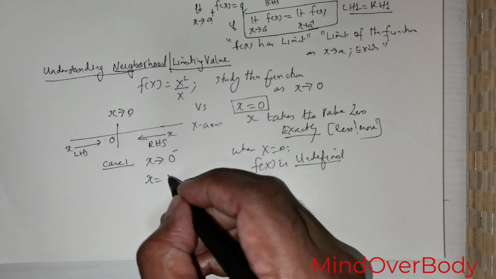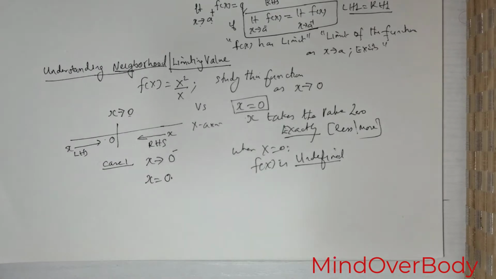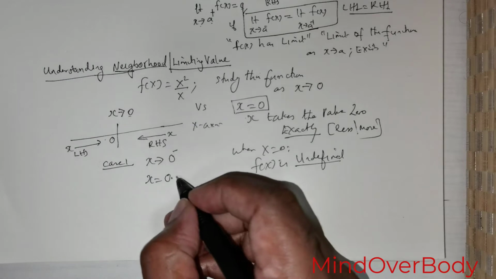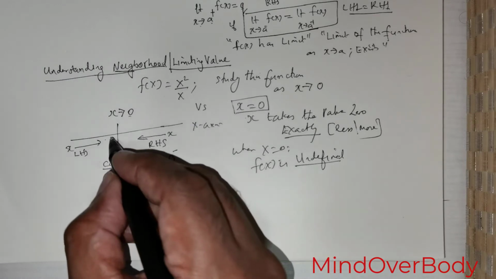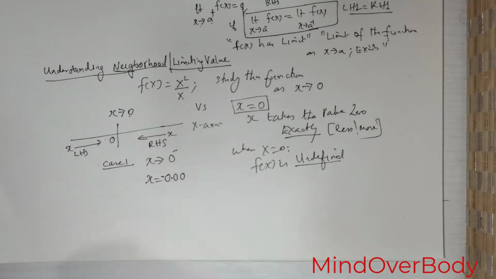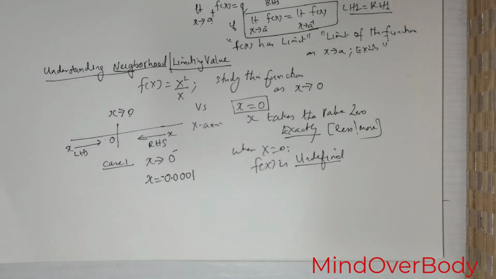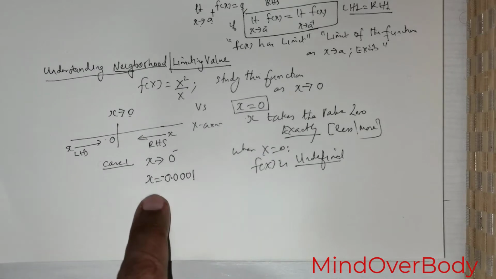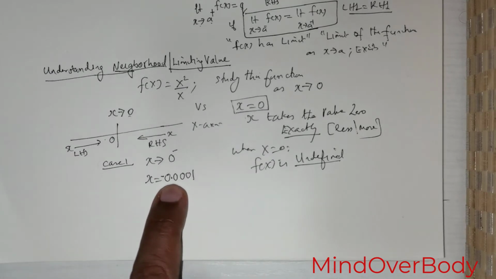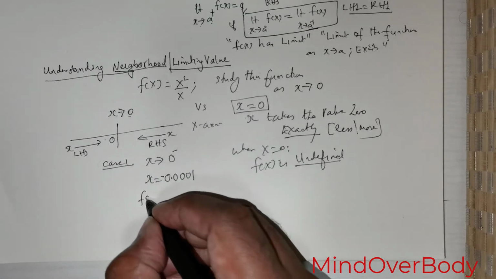Say, for example, I'm taking a value of x as negative 0.001, so on this side it's going to be negative. I'm going to take this value. Now what happens when I take this value? I would get f of x.